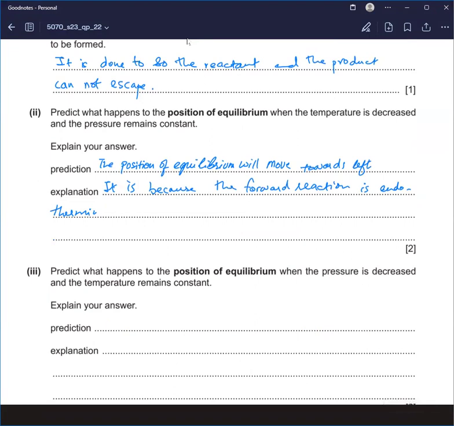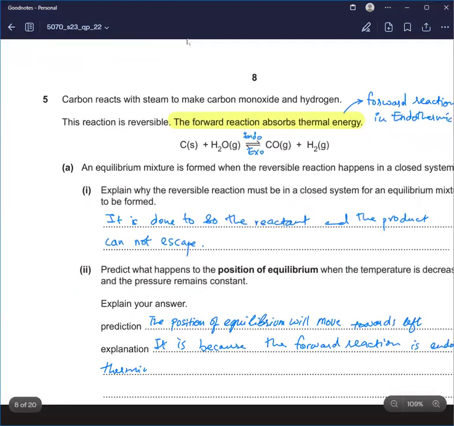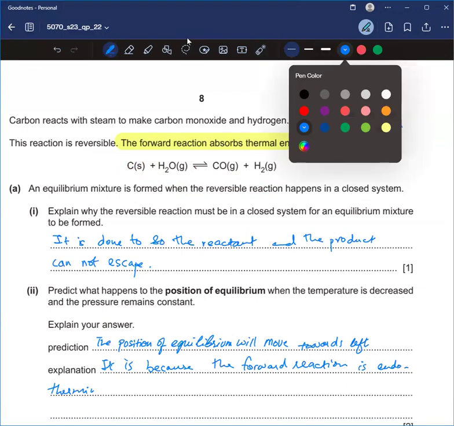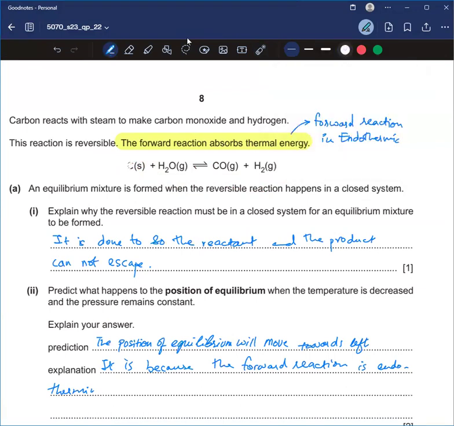So while talking about pressure, we'll only consider gases, not solids or liquids. Let me erase this exo and endo. Here we can see we have one gas, H2O, and these two here. Carbon is a solid, so we won't consider it. Let me remove it, so it's much easier.